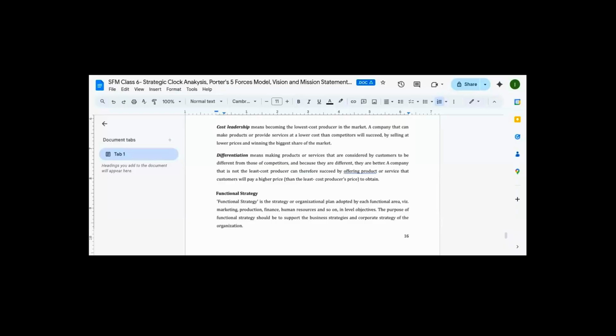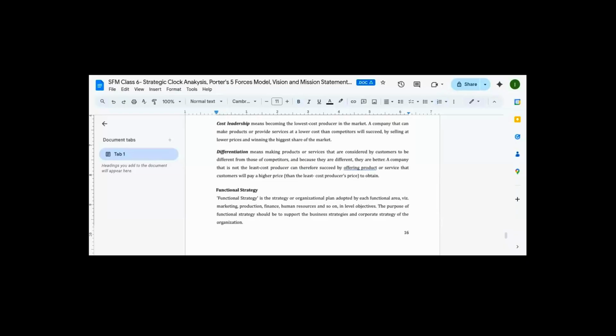So the third one is functional strategy. Functional strategy is the strategy or organizational plan adopted by each functional unit. What do we mean by functional unit? That is the marketing department, production unit or department, finance unit, human resources unit, and many more.